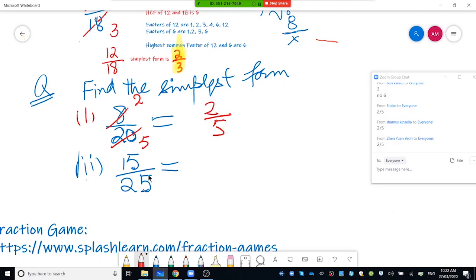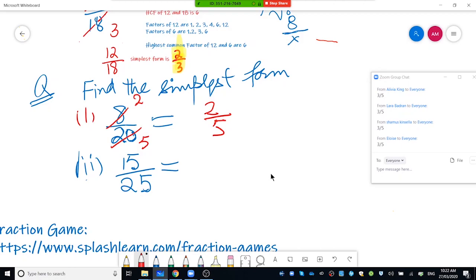And let's do the second question, that is 15 over 25. Kindly find its simplest form. Very nice. Some of the students have started typing the answer. That's good.